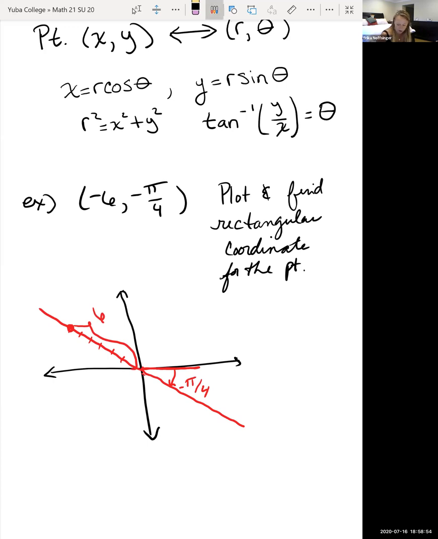So if we form our right triangle with the x-axis, here we have our theta inside. We know what theta is. It's our reference angle, which is pi fourths.